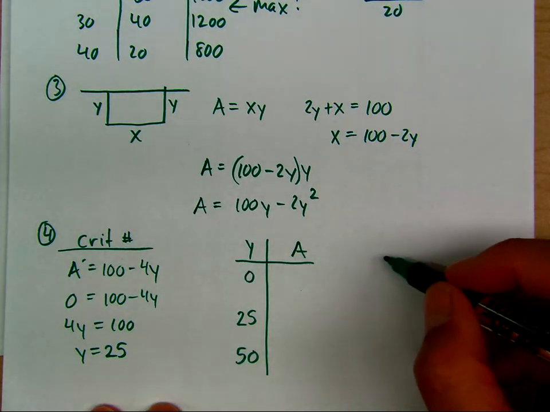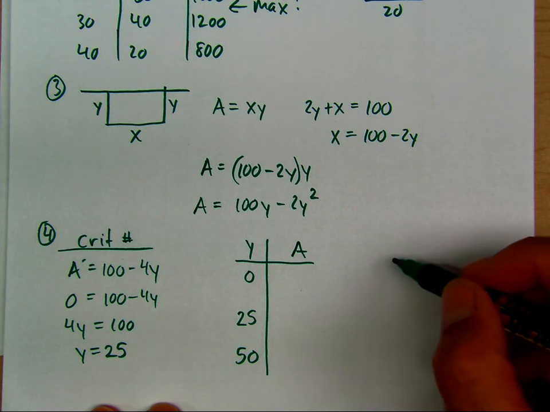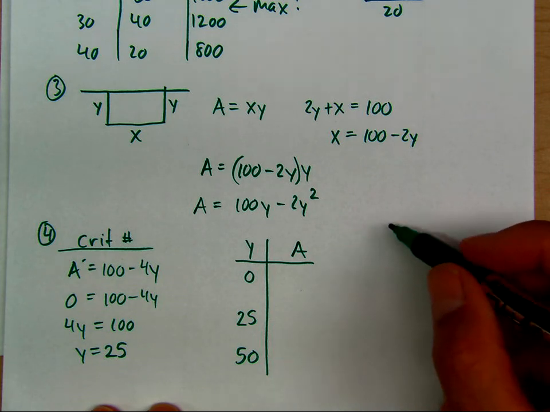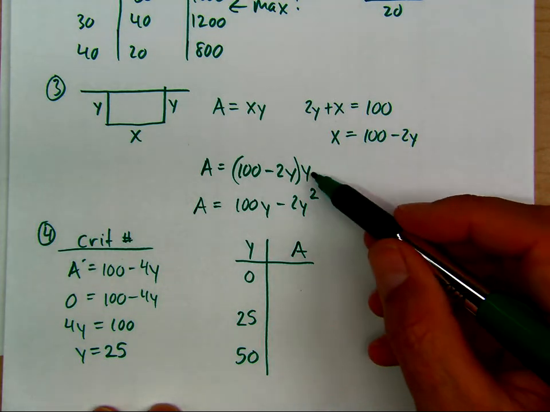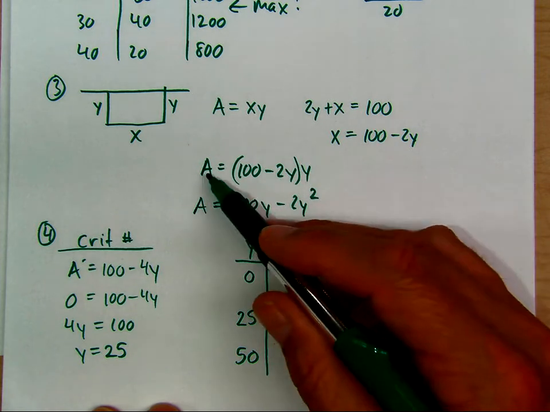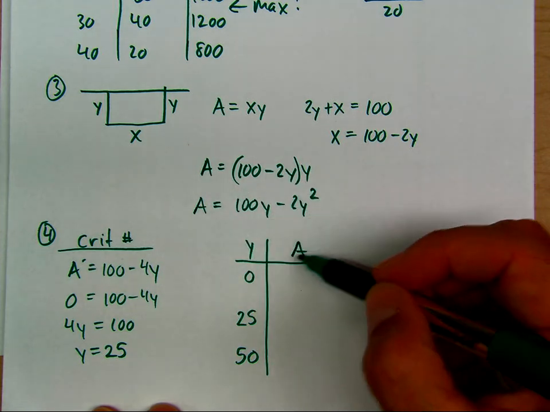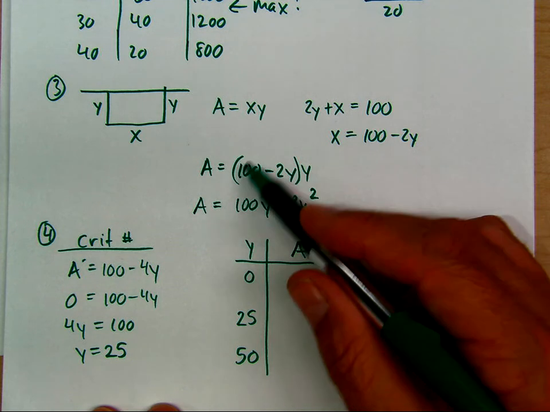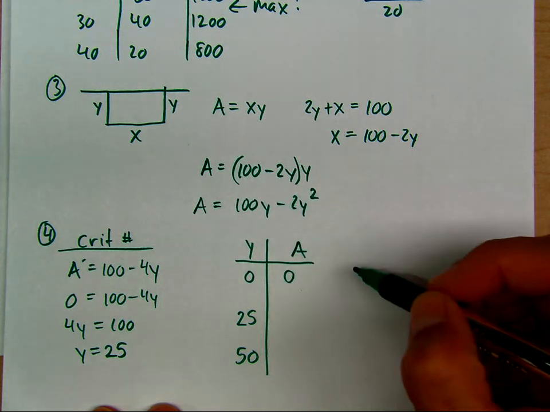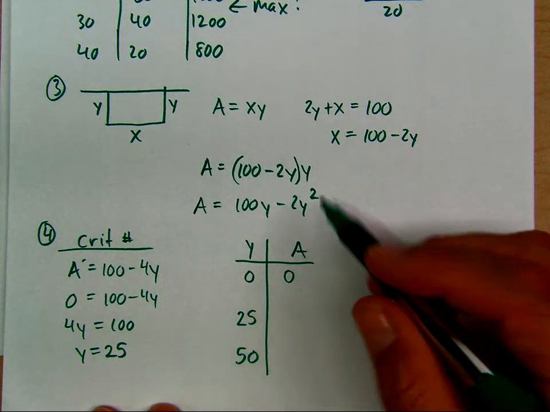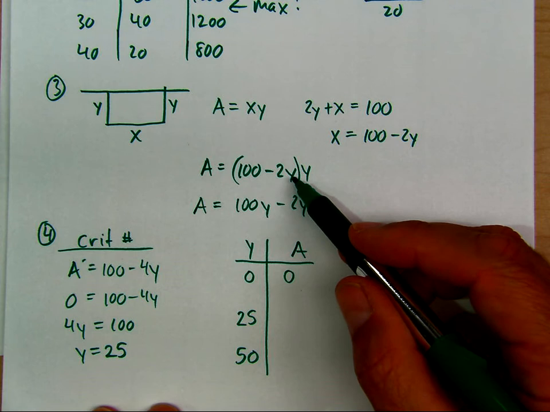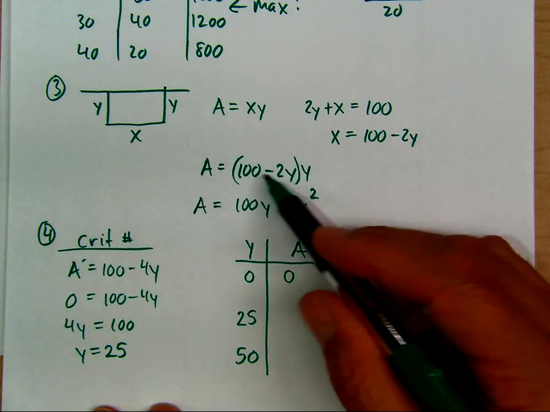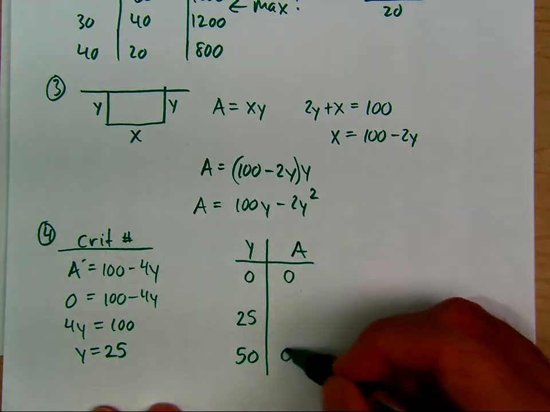When we draw, we can just use the formula. Let's look at this formula for area. We want to find the maximum area. If y is 0, we go 0 times 100. The area is 0. We have a 50. If you put 50 for y, now we get 100 minus 100 is 0 times 50. So that area is 0.